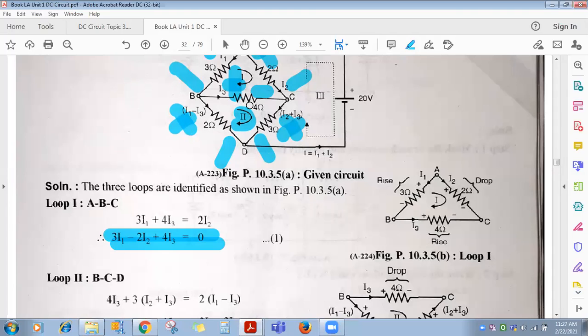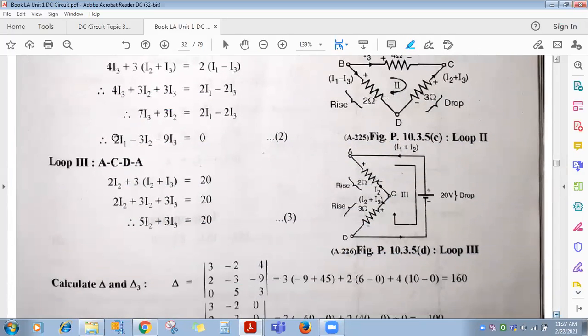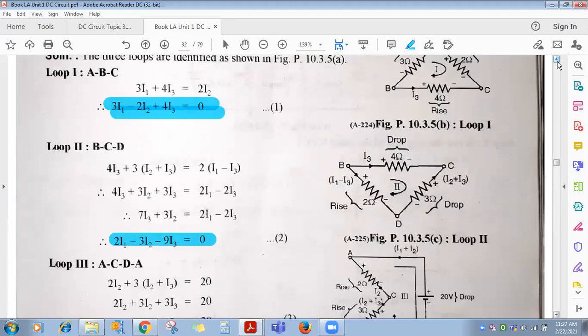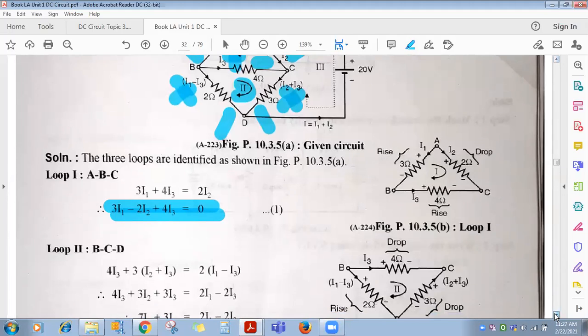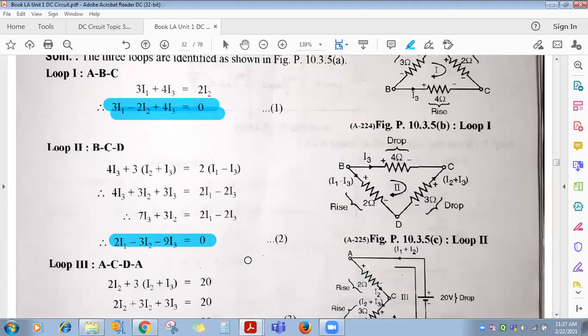Minus 4 times I3 minus 3 times I2 plus I3 plus 2 times I1 minus I3. So this is one equation, the second loop. Are you getting the second equation?